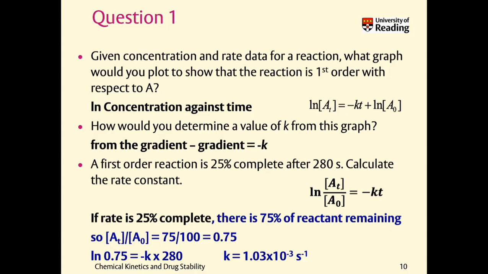You don't need to know the absolute values of concentration here, just the ratio between those two numbers. So the natural log of 0.75 equals minus k times the time, which is 280. If we rearrange that and use our calculators, we get that the rate constant equals 1.03 times 10 to the minus 3 seconds to the minus 1.